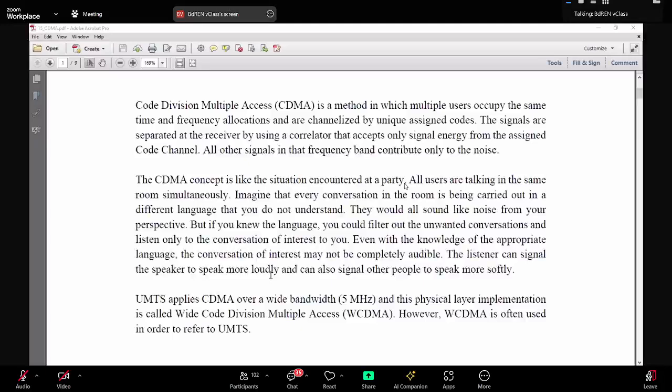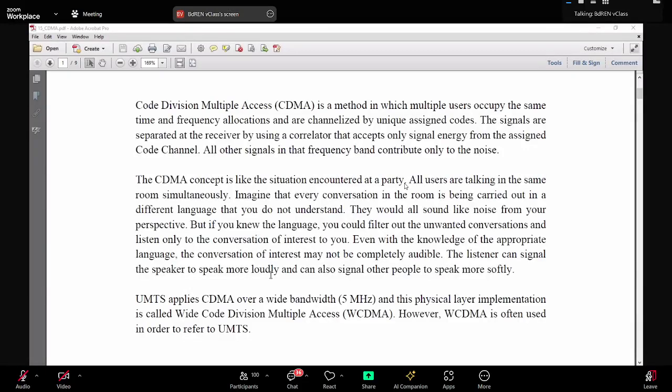But now you think that if every pair uses a different language, then it might be easy for you to understand your friend. Other people around you are using other languages which you don't understand at all.